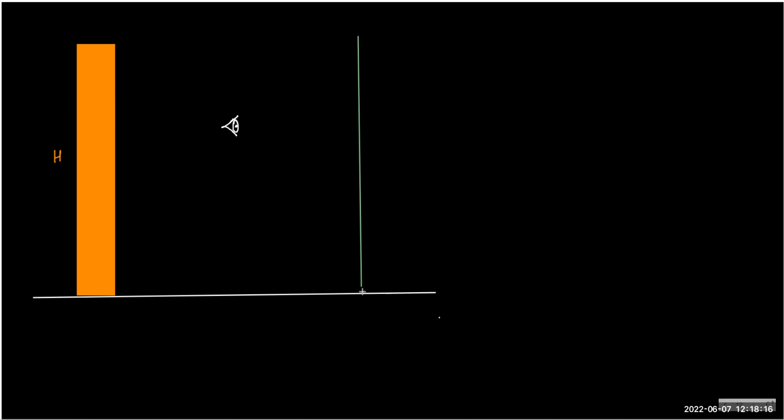The height of the wall is h, and you can assume the person to be anywhere. I will do only the eye level of the person. So the eye level of the person is here somewhere, and the mirror is somewhere ahead. Let's put it somewhere here. I don't know where. Let's make it unequal.